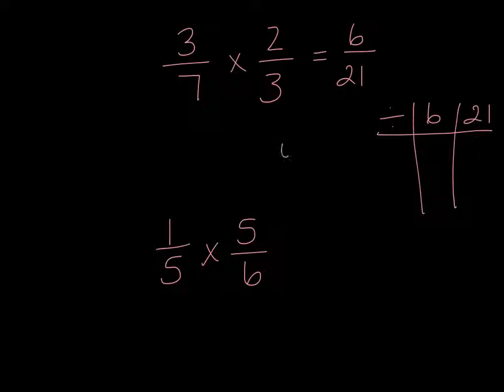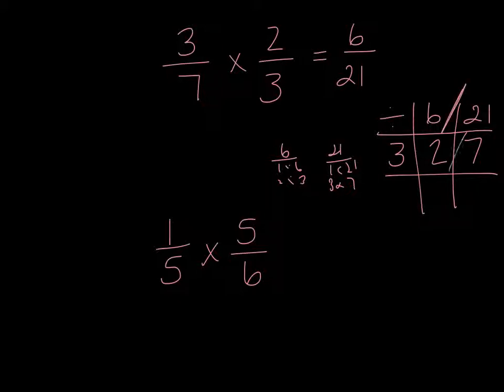I know that 6 can be made by 1 times 6 or 2 times 3. 21 can be 1 times 21 or 3 times 7, so both of these numbers can be divided by 3. 6 divided by 3 is 2. 21 divided by 3 is 7. And 2 and 7 are both prime, so my final answer for 3/7 times 2/3 would be 2/7.